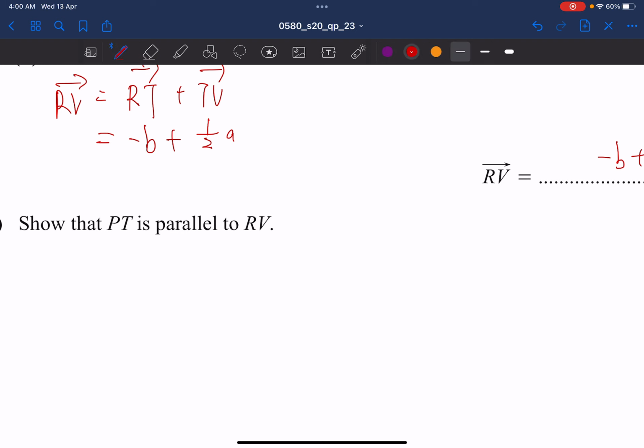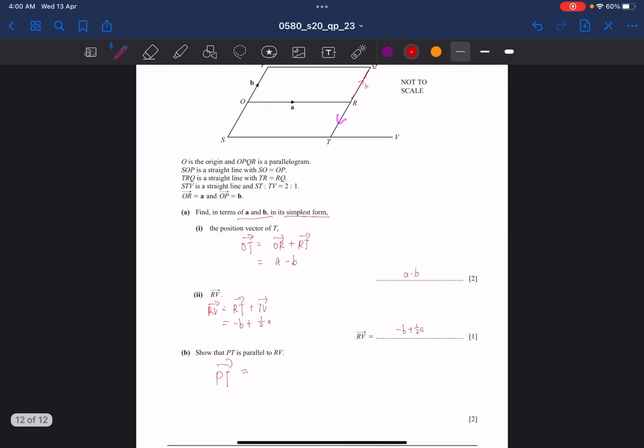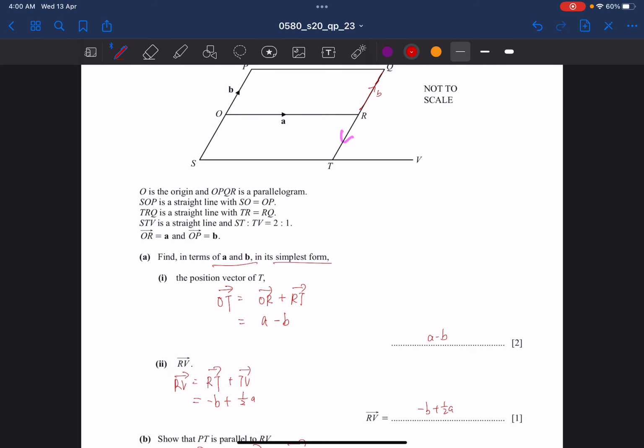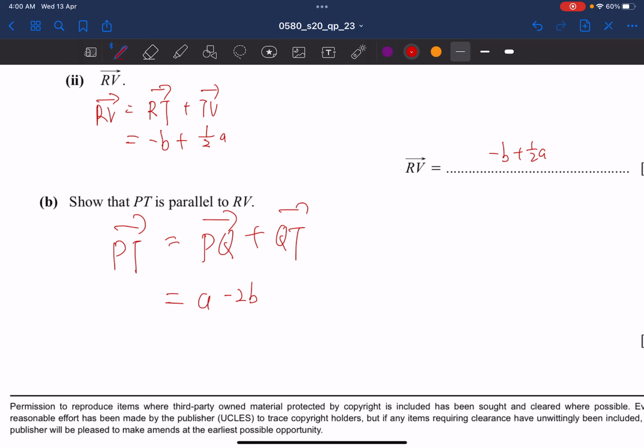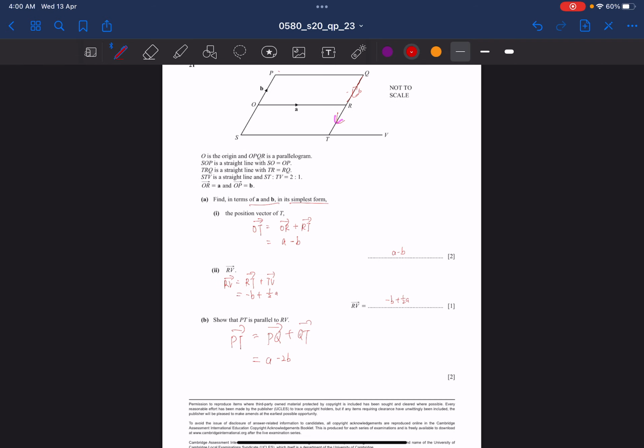PT is from P to T, so from P to T it is PQ plus QT. PQ is A, QT is going down twice, so it's negative 2B, going negative B twice.